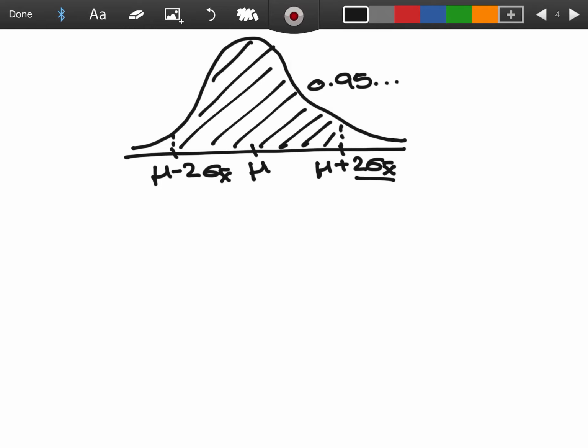I will tell you now that it's actually 95 point something % of the data that lies within 2 standard deviations on a normal distribution curve. It isn't exact. To get exactly 95% of the data to lie in some interval from the mean, you actually have 1.96 times the standard deviation.